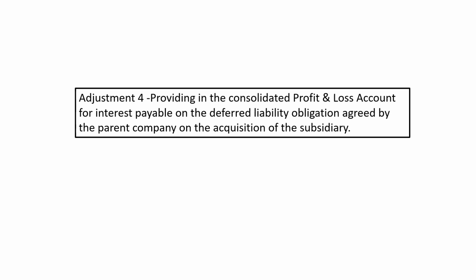Adjustment 4 is providing in the consolidated profit and loss account for interest payable on the deferred liability obligation agreed by the parent company on the acquisition of the subsidiary.